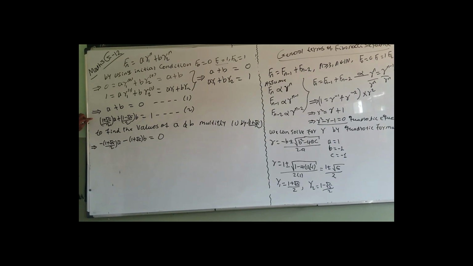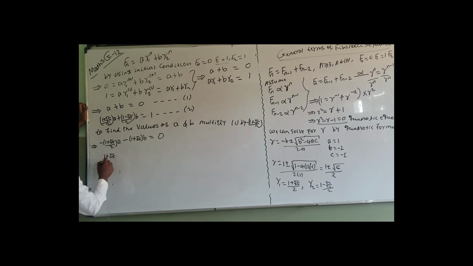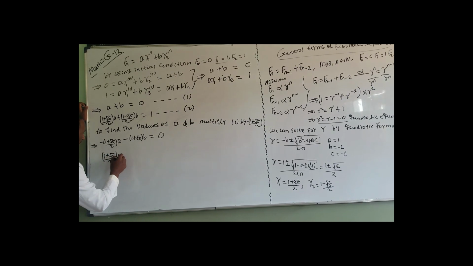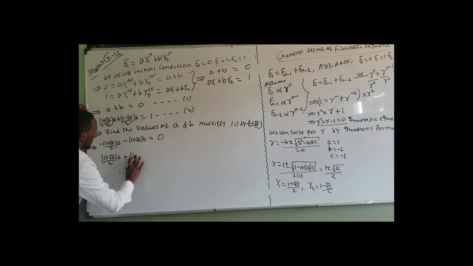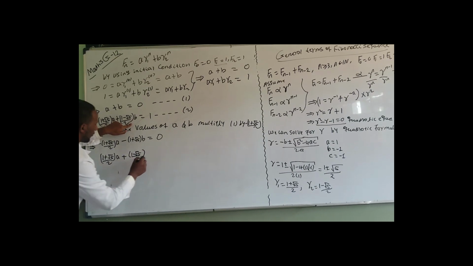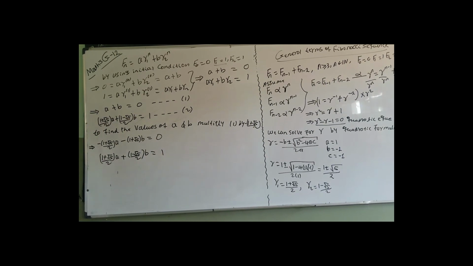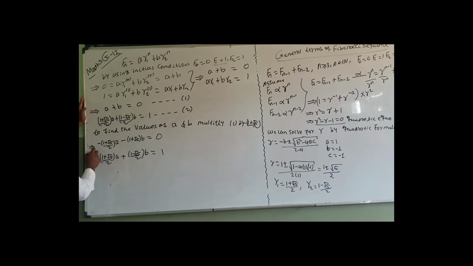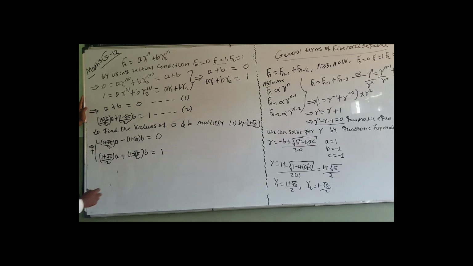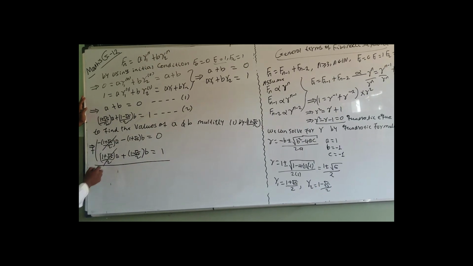And take the second equation as it is: 1 plus root 5 over 2 times a, plus 1 minus root 5 over 2 times b, is equal to 1. Then when we add these two equations, the a terms eliminate each other.